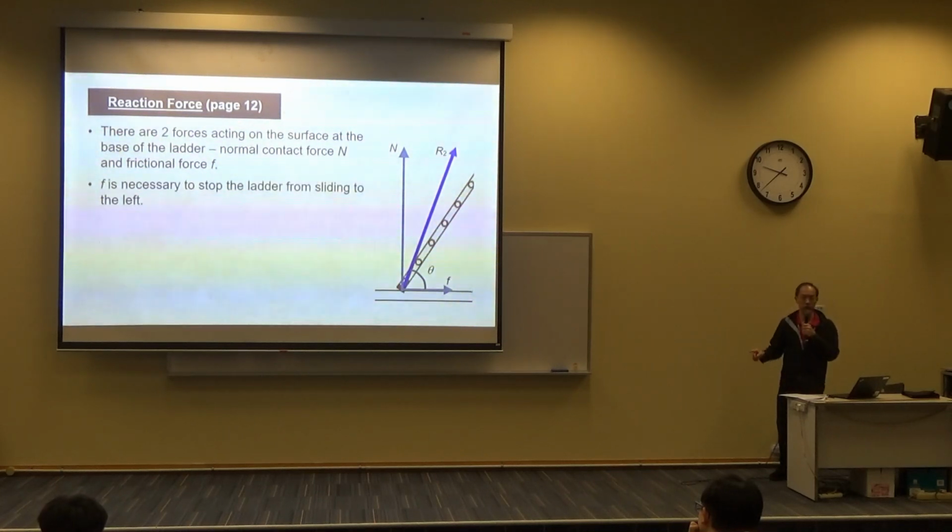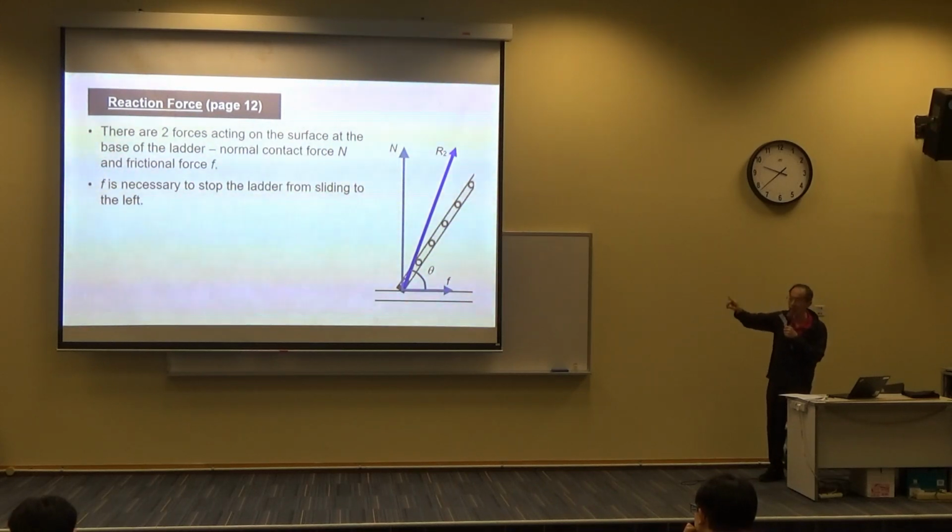Why is that force necessary? Is to stop the ladder from sliding. So take note, the frictional force points to the right, because if there's no friction force, what happens to the ladder? It will slide to the left.